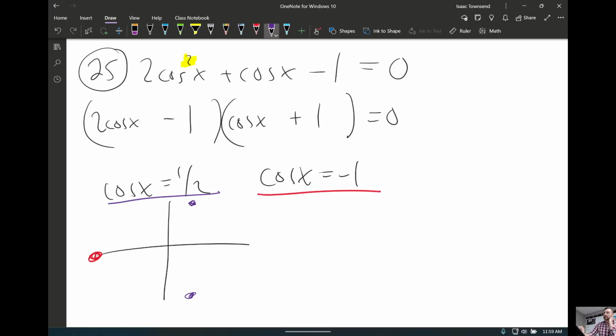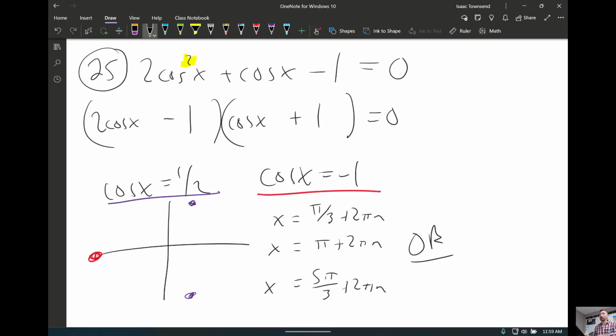The directions just say solve, so we can say 3 statements: pi/3 plus everything coterminal, pi and everything coterminal, or 5pi/3 plus everything coterminal. All 3 of these are equally spaced as well. These are equidistant.